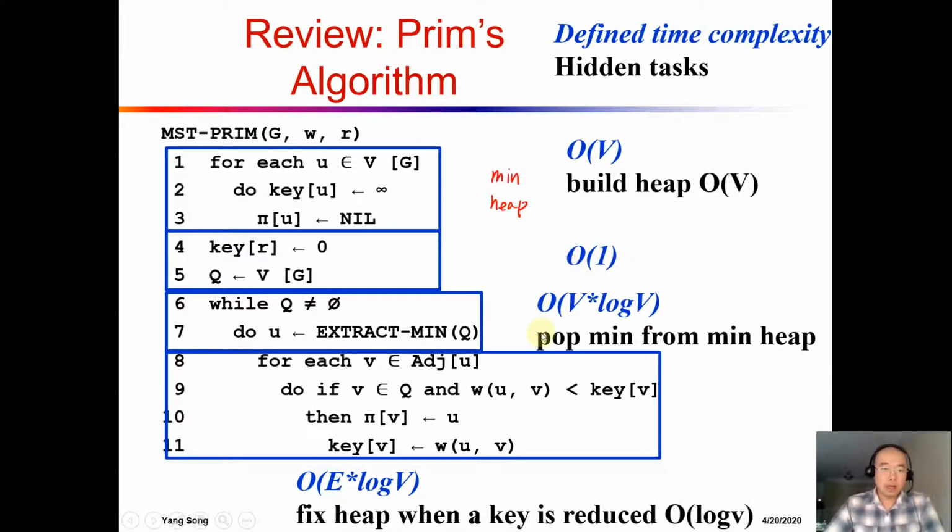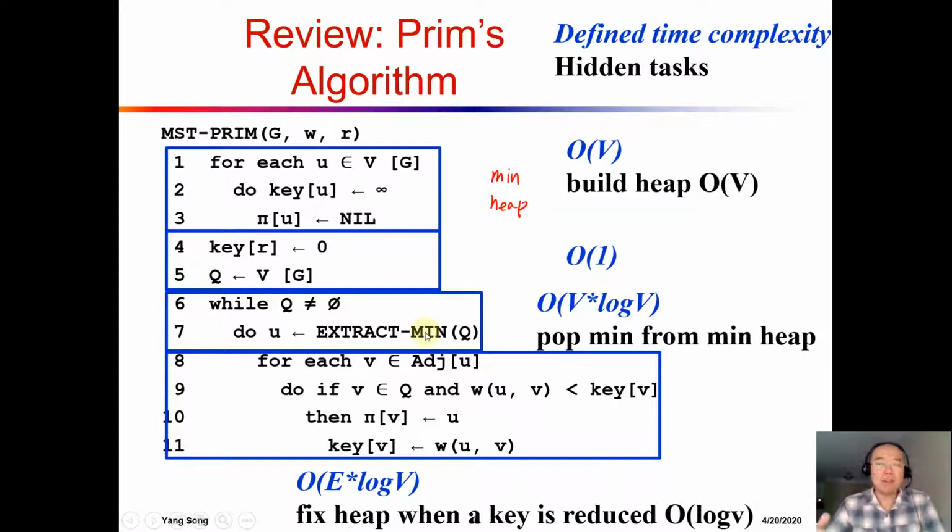So well, how many times are we going to do the extract min? We know that is V. If we have V vertices, then we are going to run that V times. Okay, and the next part, how do we do the extract min?